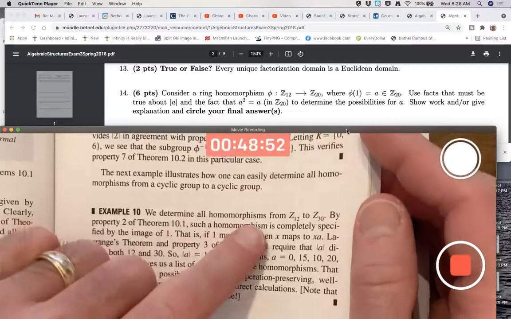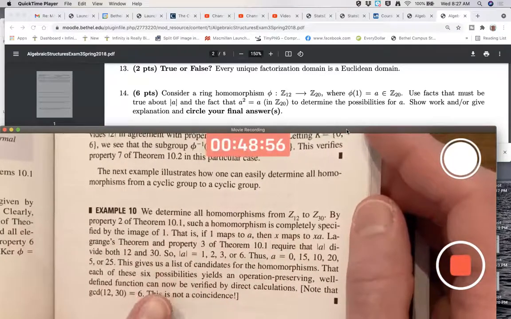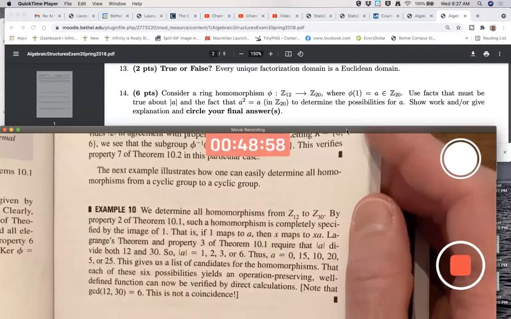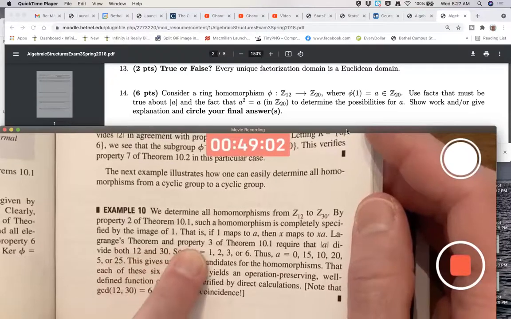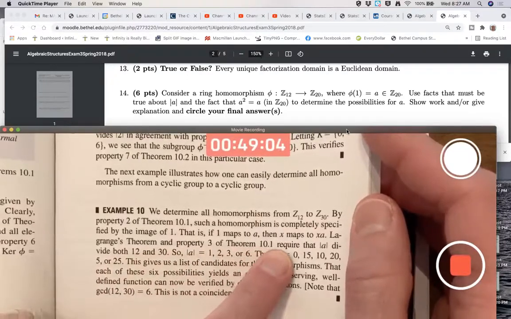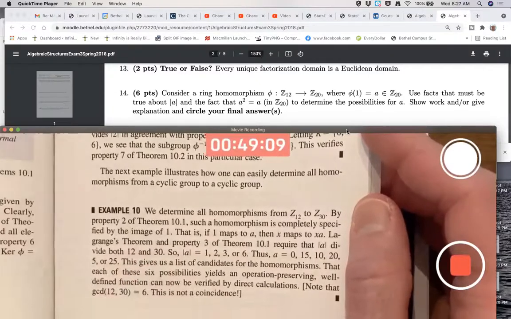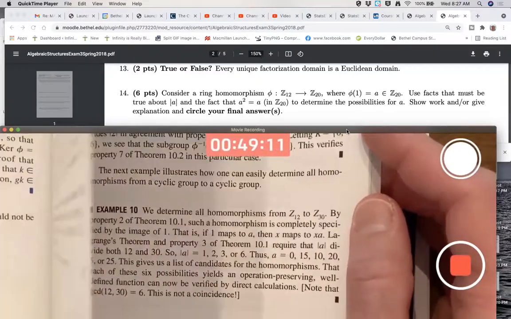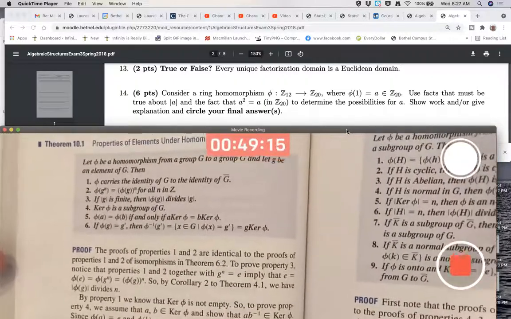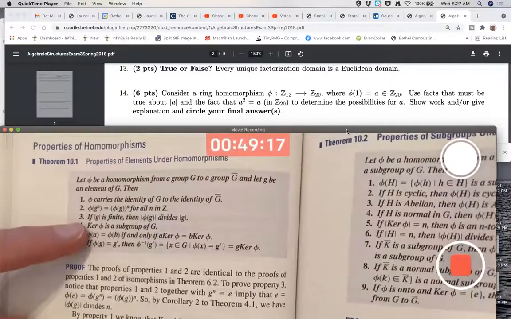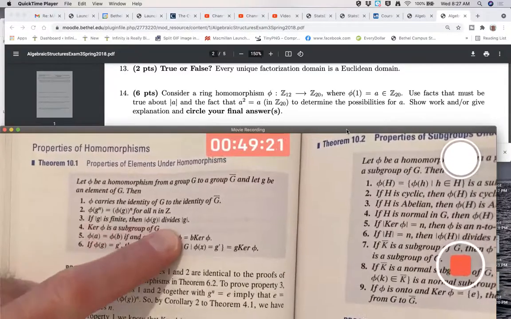They're trying to determine all group homomorphisms from Z12 to Z30. Lagrange's theorem and property 3 of theorem 10.1 require A divide both 12 and 30. Property 3 of theorem 10.1 says if the order of the input is finite, then the order of the output must divide the order of the input.